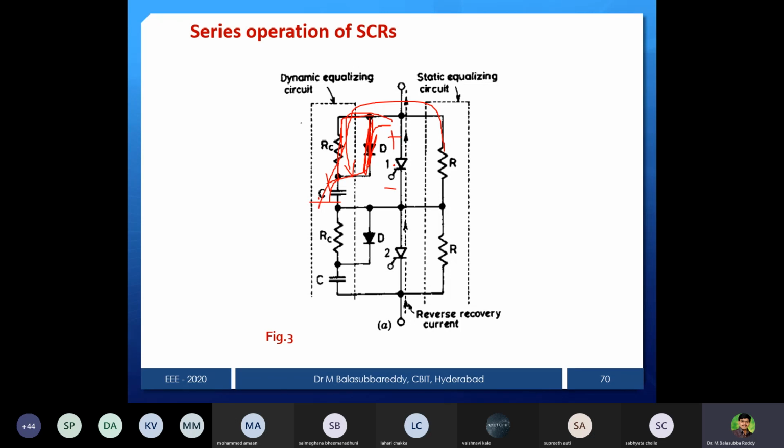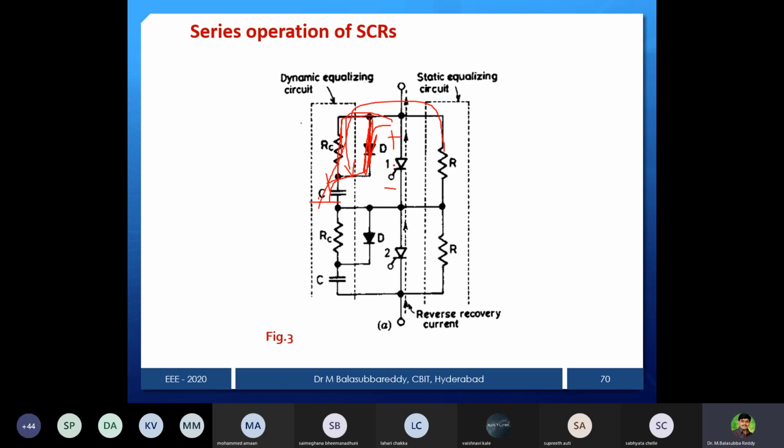To make it equal, I used a capacitor in parallel with each SCR. That will work fine. But once the device is on, a high current passes through the thyristor. That's why we use a large resistor in series with the capacitor.